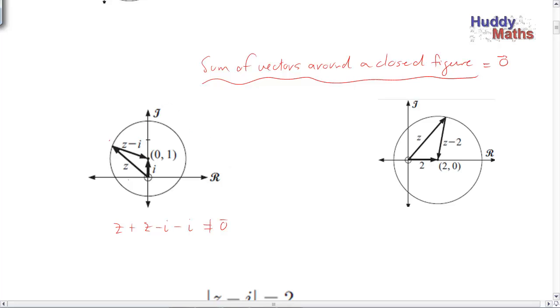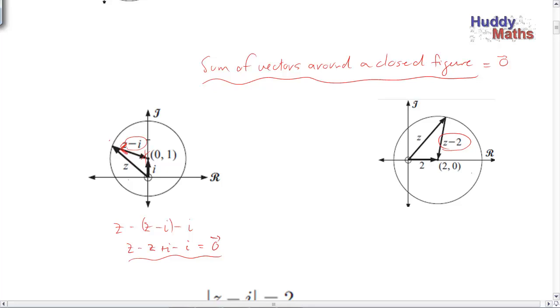Then this Z take I should be up this way, shouldn't it? Should be in the opposite direction there, not that direction. And then we would be going opposite to it, so it'd be take Z take I, and then take I. And that then, if you look at it, would be Z take Z plus I take I, which would be the zero vector.